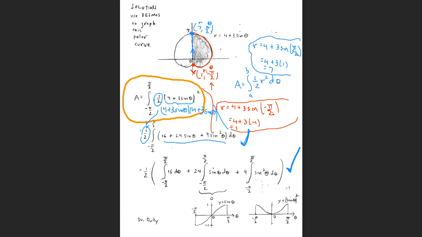Like the integral of the sine from negative pi over 2 to pi over 2, well, that just equals 0. Here's a graph of the sine function. You have negative area and positive area, going from negative pi over 2 to pi over 2, but the negative area and the positive area cancel each other out. And so that integral equals 0.